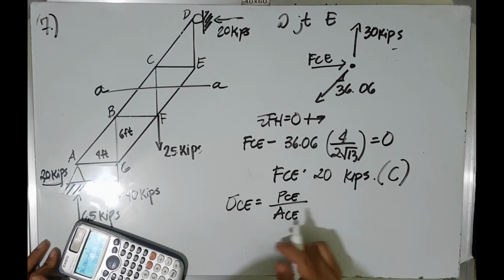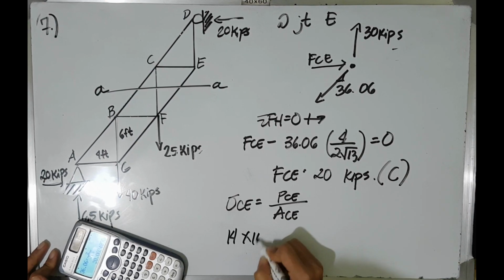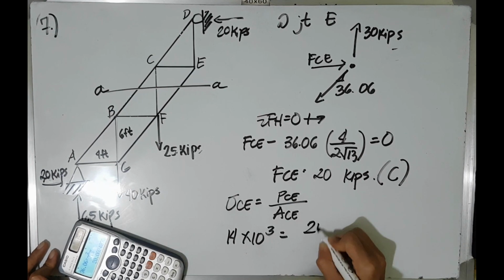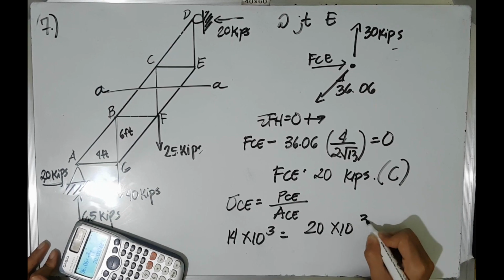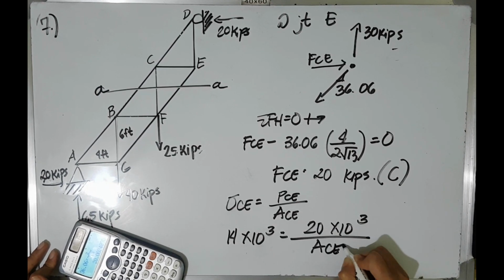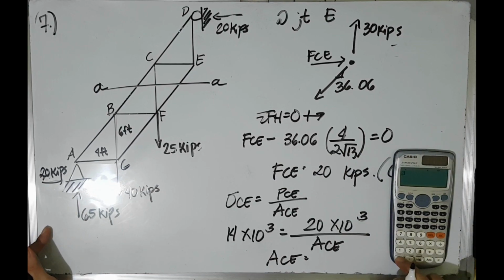So 14 times 10 raised to 3 pounds per inches square is equal to 20 times 10 raised to 3 pounds divided by the area in CE. Therefore, the area in CE is equal to 1.43 square inches.